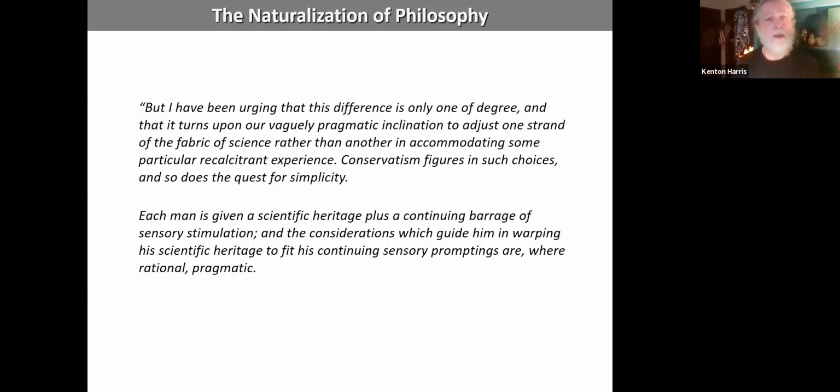Quoting from Quine: "But I have been urging that this difference is only of degree, and that it turns upon our vaguely pragmatic inclination to adjust one strand of the fabric of science rather than another in accommodating some particular recalcitrant experience.